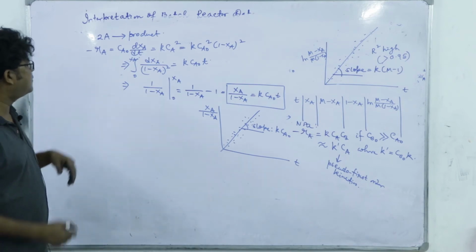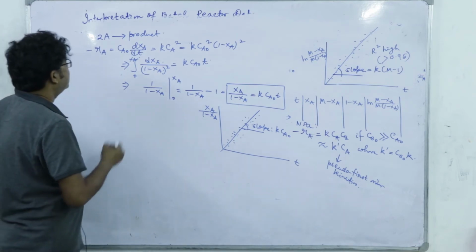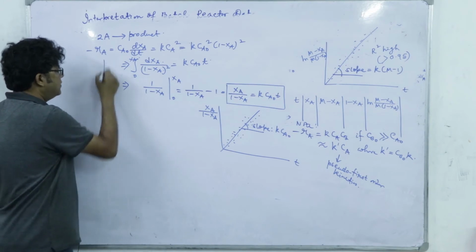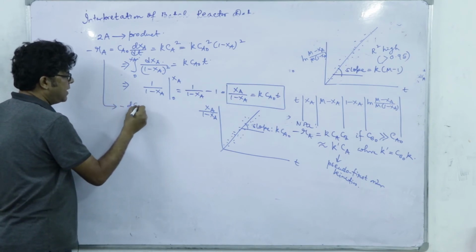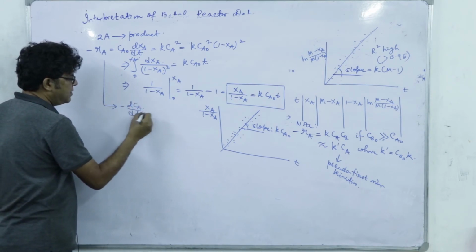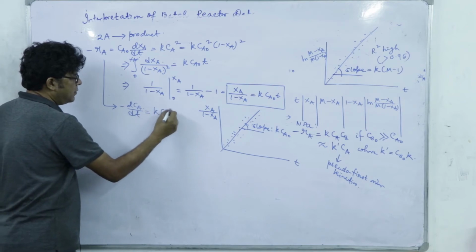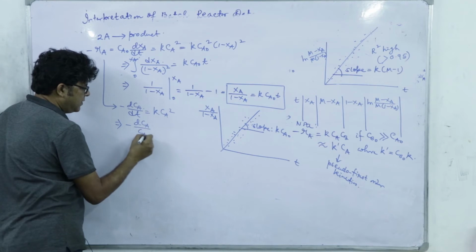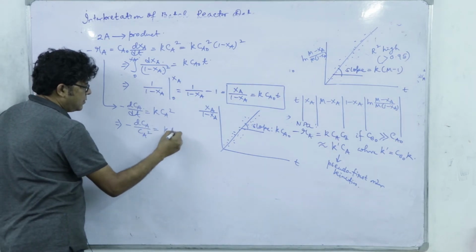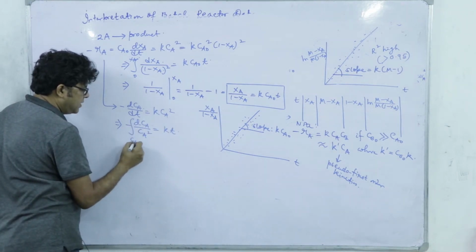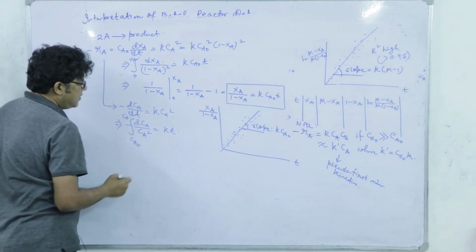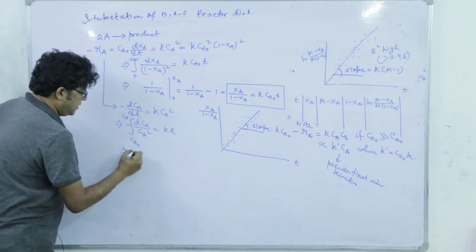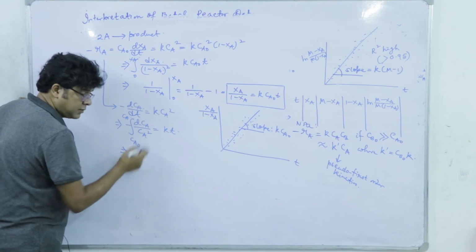As an alternative to Xa, we can also go for Ca as well, because you see this is minus dCa/dt equal to k Ca square. So, minus dCa divided by Ca square is equal to k into dt, integrated from Ca naught to Ca. So, it is 1 by Ca after integration including the minus sign.